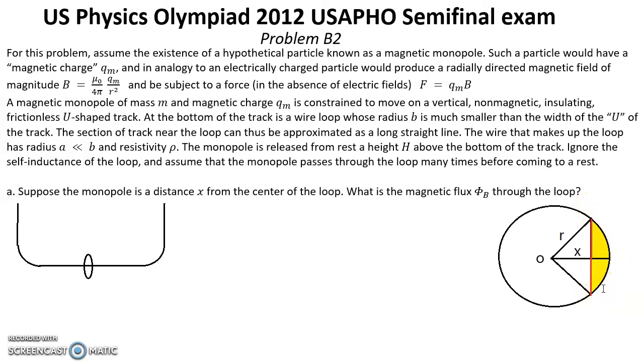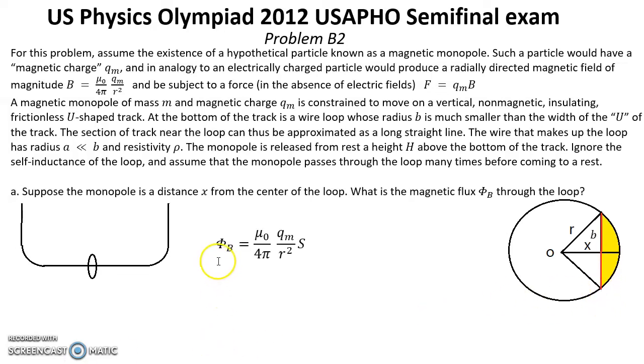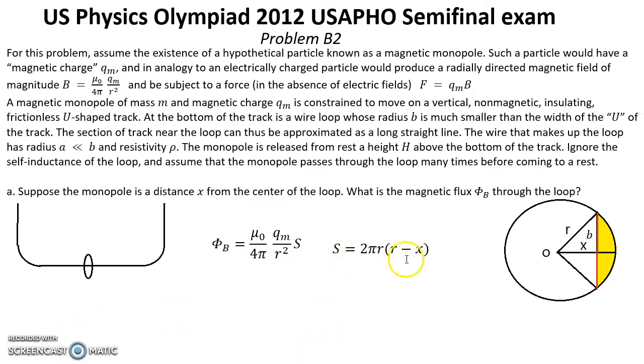And there is a well-known formula for this area. This is the magnetic flux through this area S, which is the yellowish segment, and from geometry we can say that it's equal to this expression.